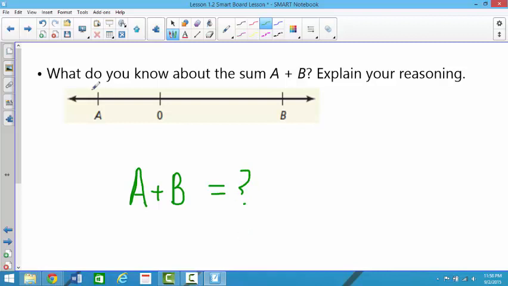You would know that because B is further out than A, our answer is going to be positive, because B is bigger than A, and A is negative and B is positive, so therefore our answer is going to be positive. Okay?